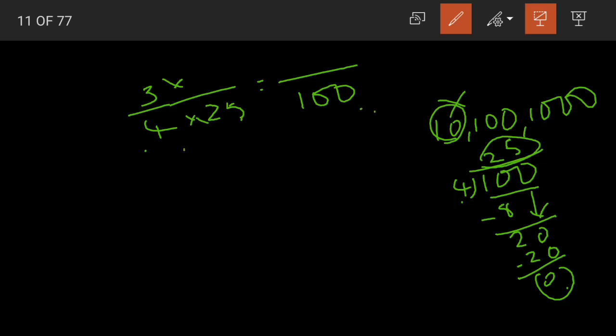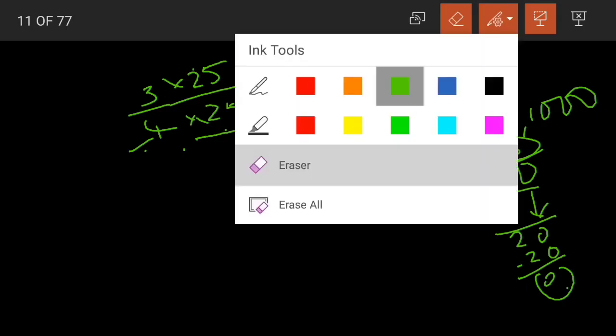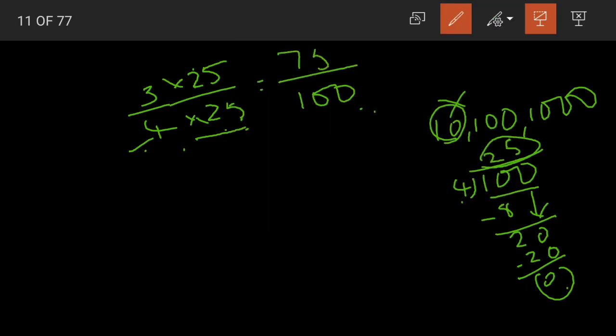Now as we have multiplied by 25 in the denominator, we have to do the same with the numerator. So 25 into 3 is equal to 75. So 75 becomes the numerator and 4 into 25 is our 100.